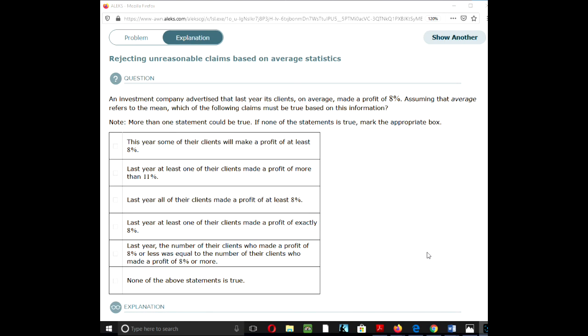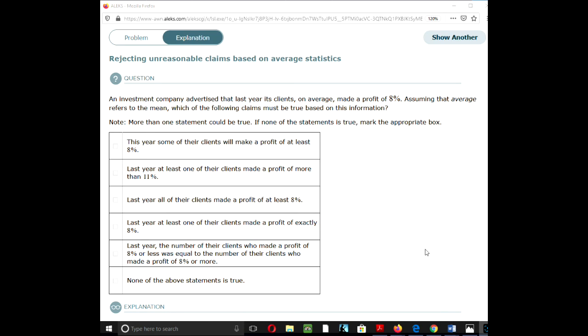Last year, at least one of their clients made a profit of more than 11%. The statement never mentioned anything about anyone making 11% profit, so that would not be true either. Last year, all of their clients made a profit of 8%. That statement is also not true, because it says that on average they made a profit of 8%, which would also make that not true.